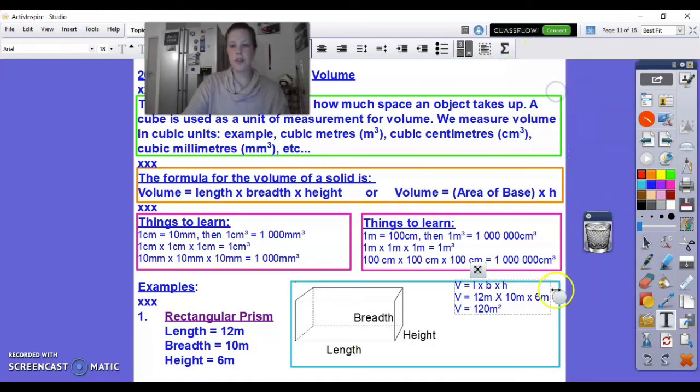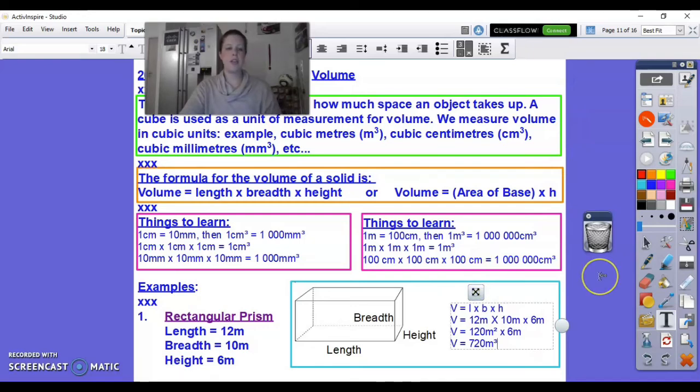I'm going to break it up for you so it's easier. Times 6 meters, which should give me 720 meters cubed. So that is my volume of this rectangular prism.